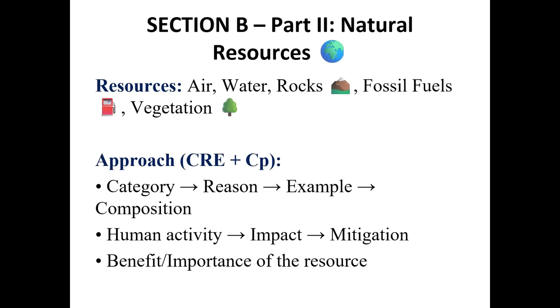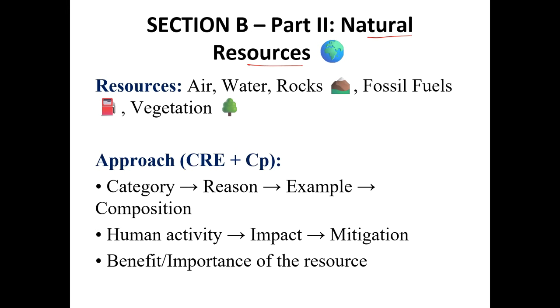Problem solvers, critical thinkers. As we dive into our last part of our paper, that is section B, part 2, we said it is about natural resources. And we said we have different examples of natural resources.